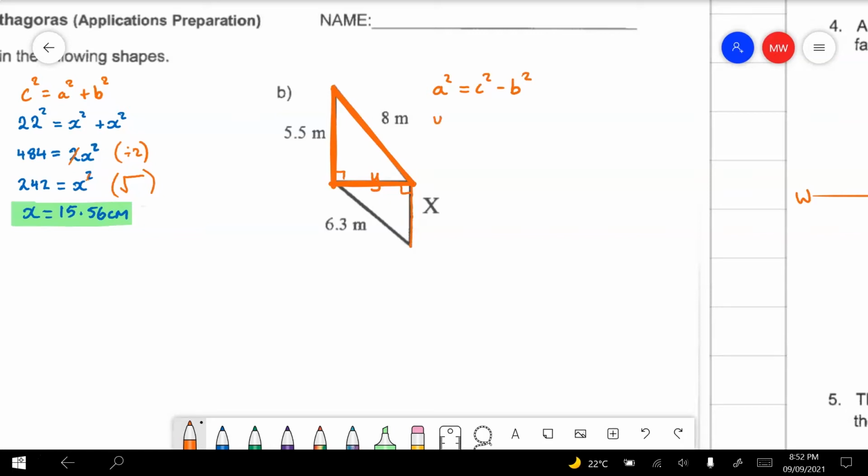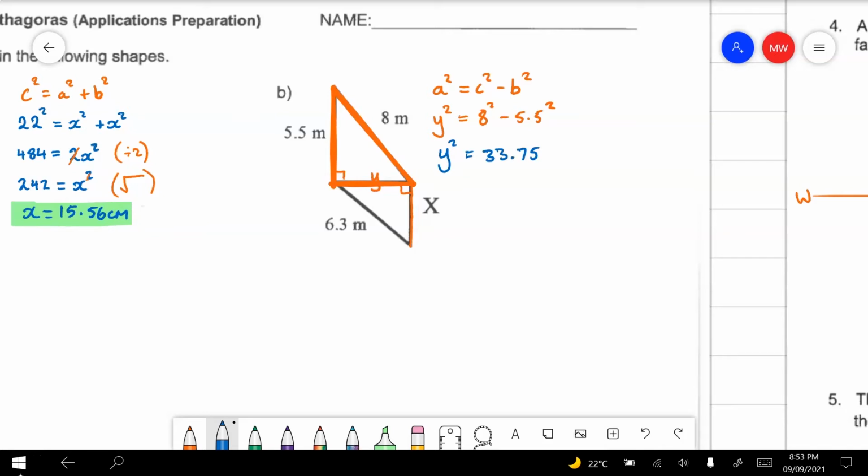So I'm going to make a y, and then I'm going to have 8 squared minus 5.5 squared. I'm going to use my calculator to work out what that is. So y squared is going to be 33.75.